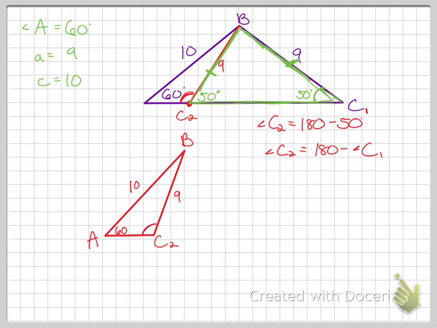So that's this corner. I guess I'll label it if you think that's helpful. 180 minus C1 will always give me that corner. And then I can do law of sines from there. So it's hard to visualize. I do not suggest you ever try to draw this yourself. In fact, I will try to never draw it in front of you again because I don't think seeing it is that helpful. But I understand how you might want to see it once.